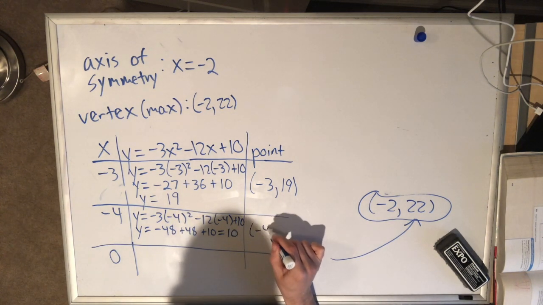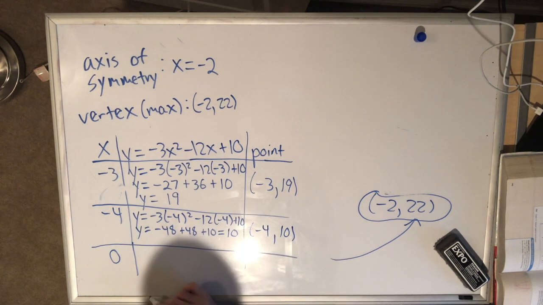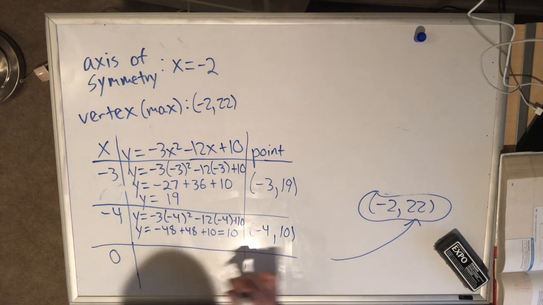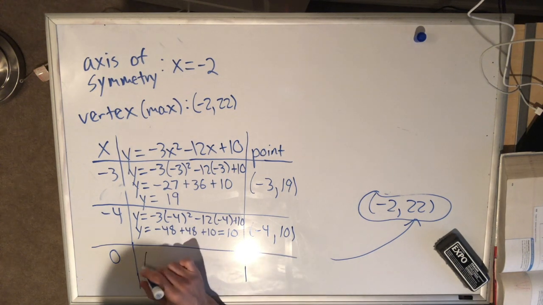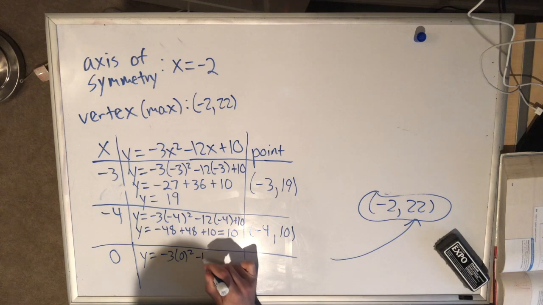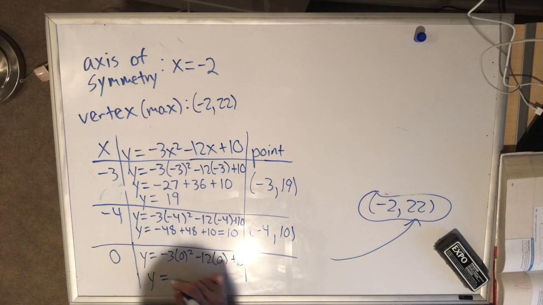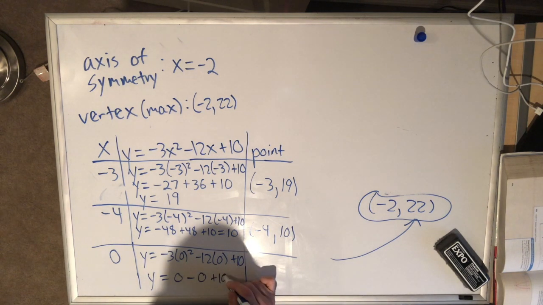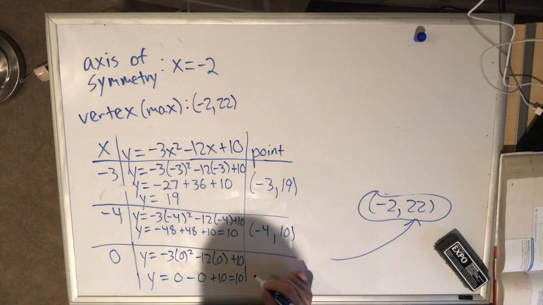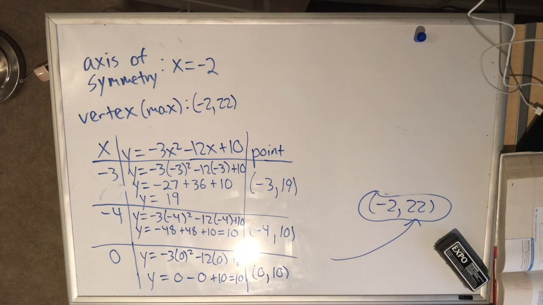So the point negative 4 comma 10 is on the graph. And substituting in 0 for x, y equals negative 3 times 0 squared minus 12 times 0 plus 10. We get y equals 0 minus 0 plus 10, which of course is 10. So the point 0 comma 10 is on the graph.